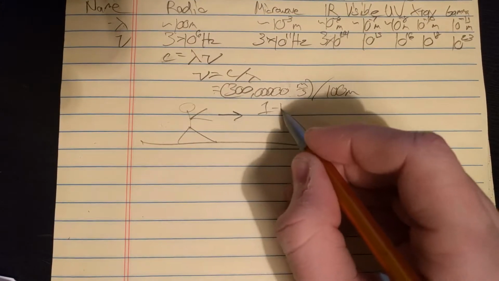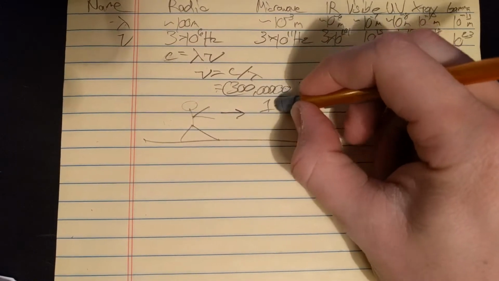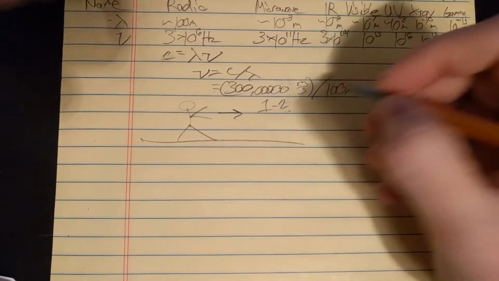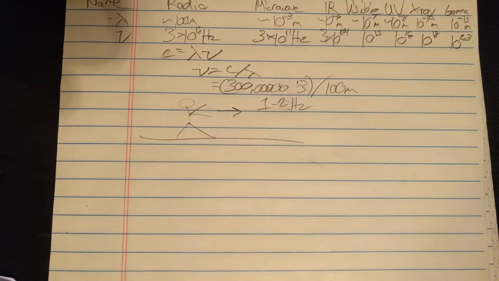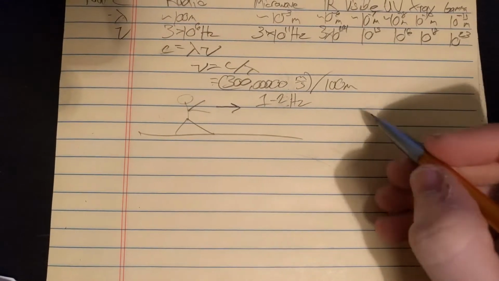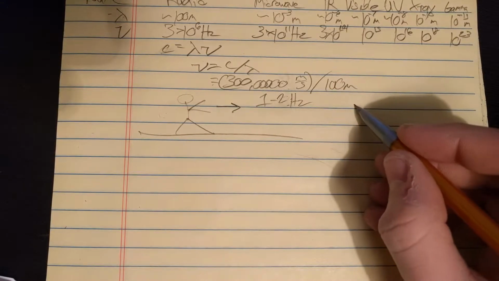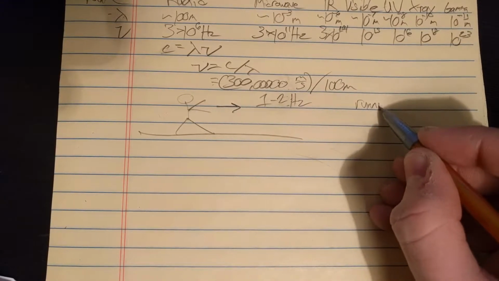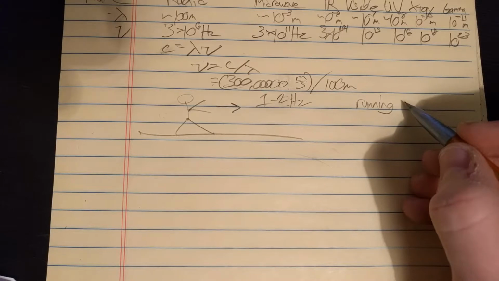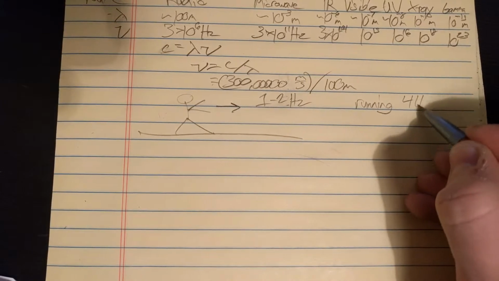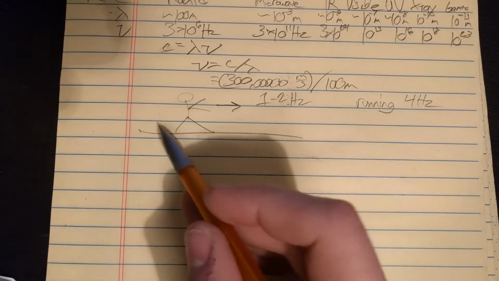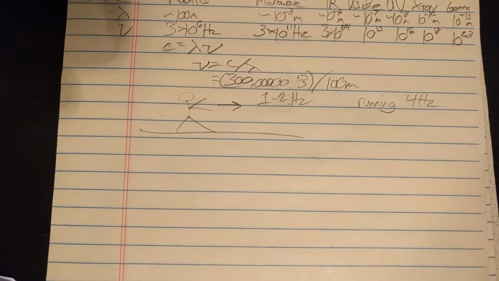So about 1 to 2 hertz is the frequency of your feet hitting the ground. And if you're running, you probably have a frequency of maybe twice that, 4 hertz. So each second, your feet are hitting the ground 4 times, maybe.